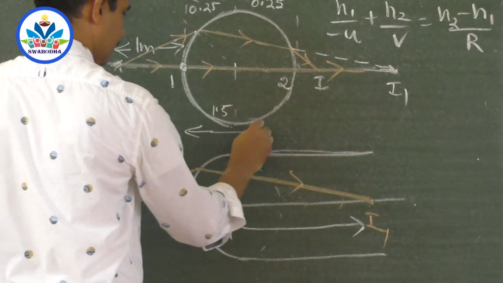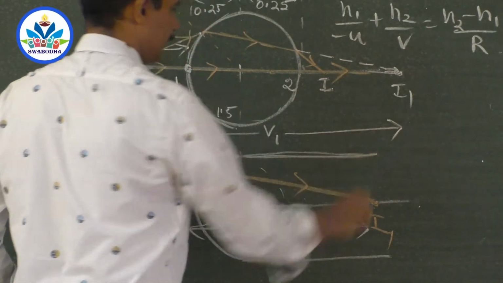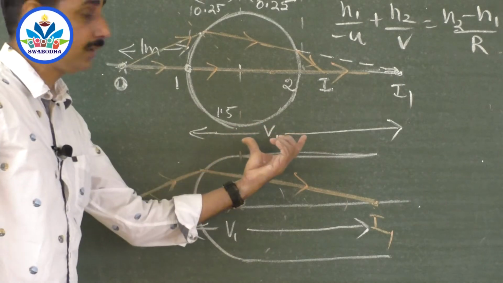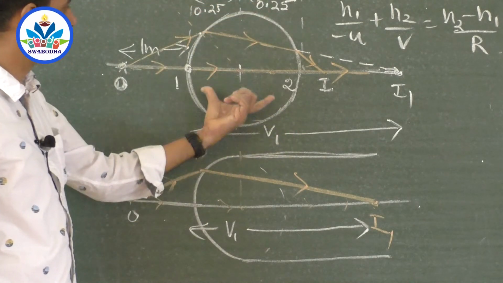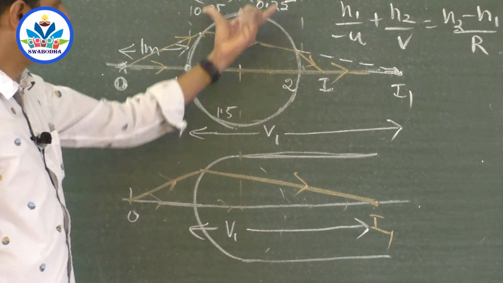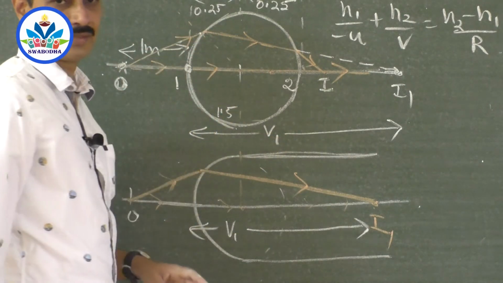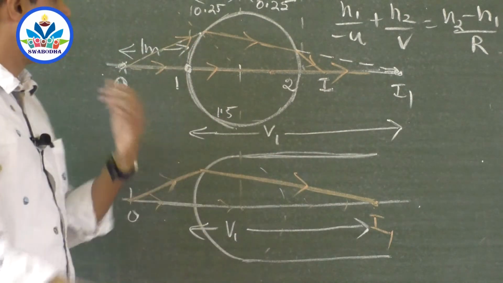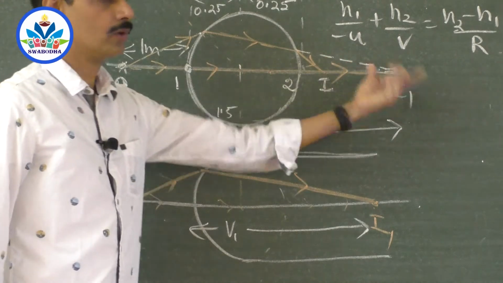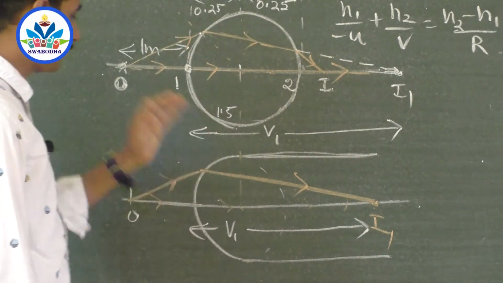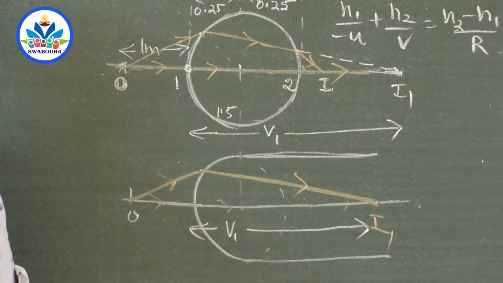Let us see what V1 is. Suppose we get V1 within 0.5 meters, that is the diameter. Within this diameter, if we get V1, we are safe. The image is formed within the glass sphere itself. Suppose this V1 goes beyond 0.5, then it goes outside. That is the meaning. So let us concentrate on the first surface only. Shall I write it here?